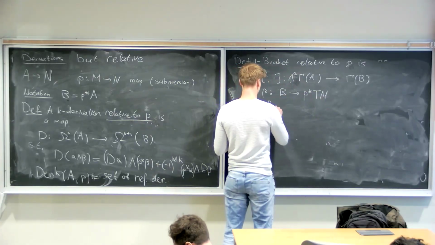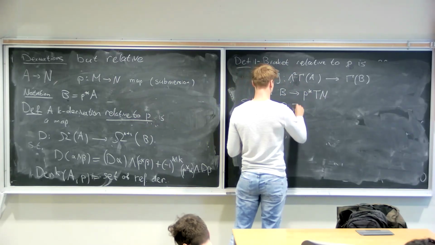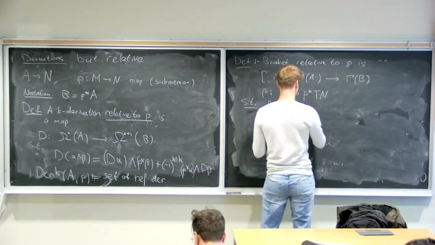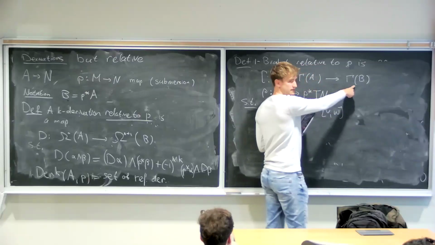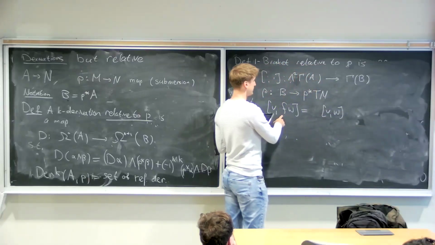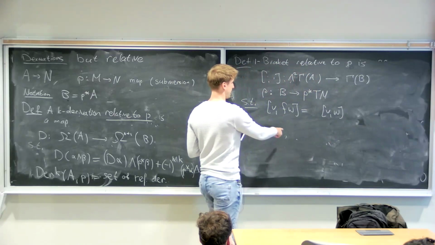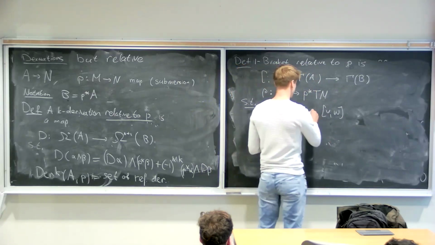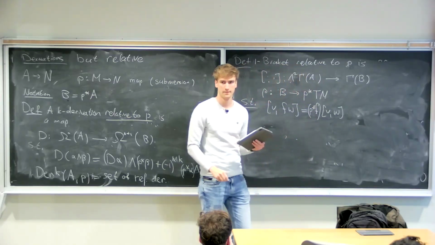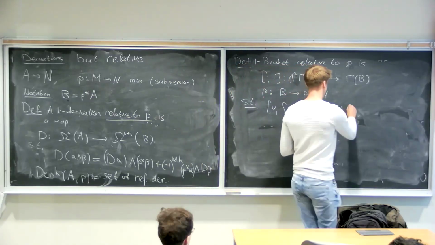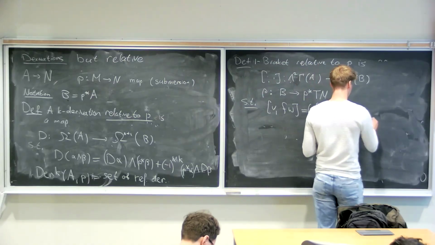Let's write it down. V of Fw equals Vw. This makes sense as a section of V. F, however, is a function on N, on the base manifold. So to make sense of this, we have to pull back F to a function on M. And then there's a derivative part.